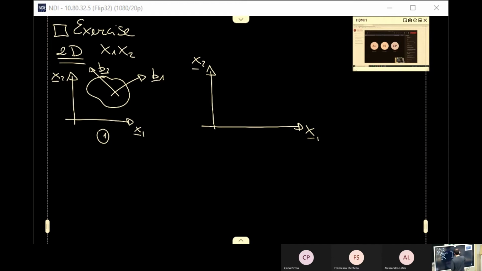So such that, for example, B1 goes up here, and B2 goes like this. Again, here we will have our R, which goes like this.